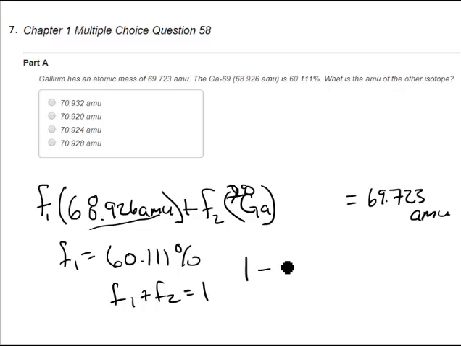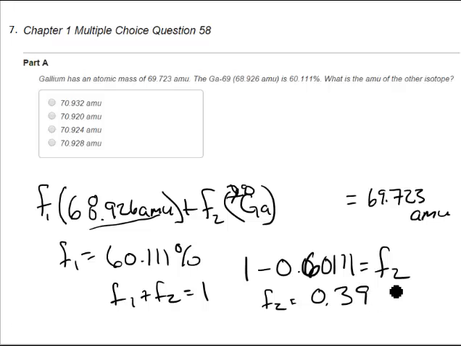So we're going to take 1 minus 0.60111 equals the second fraction. So let me do that arithmetic. And that turns out to be F2 equal to 0.39889.